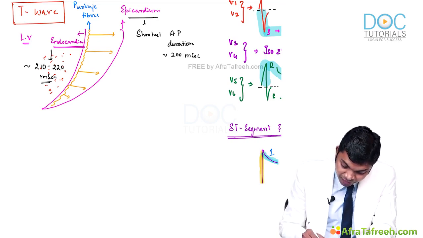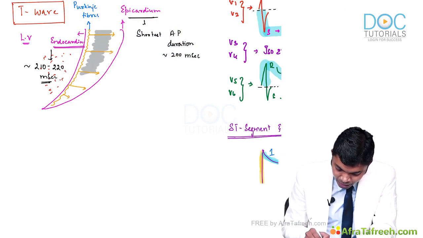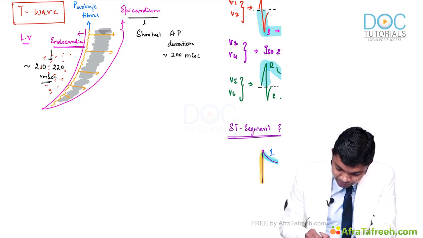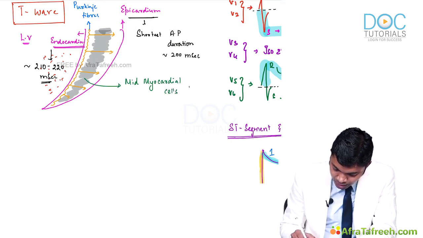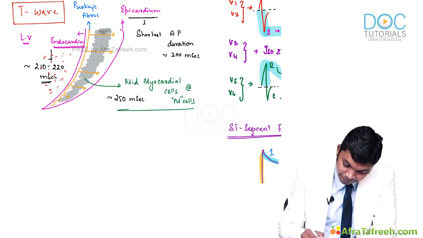Whereas we have a cluster of cells in the myocardial space, doctors. Myocardium has an exclusively separate kind of cell called the mid-myocardial cell, abbreviated as M cells, which has the lengthiest action potential duration of about 250 milliseconds.